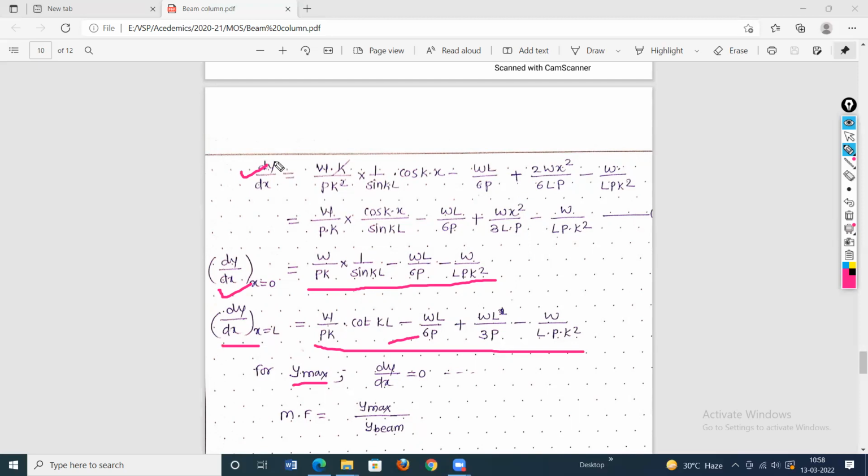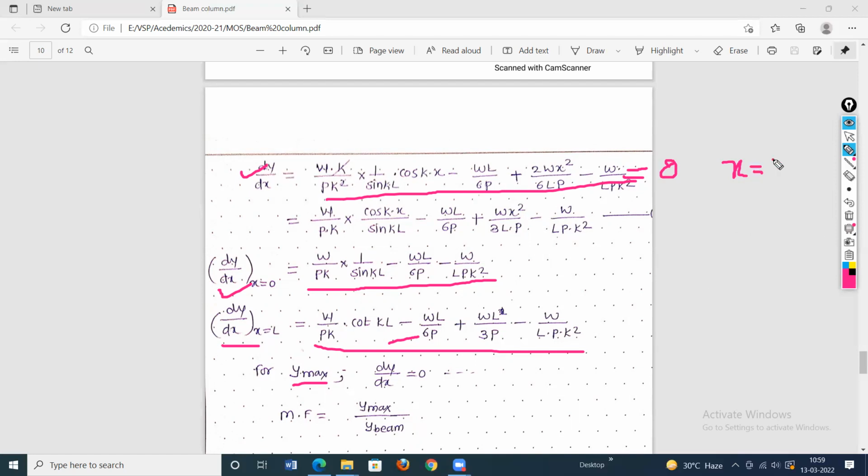So take the slope equation, equate it to 0, and find out the X answer. That is the point where the slope is 0, and where the deflection is maximum.